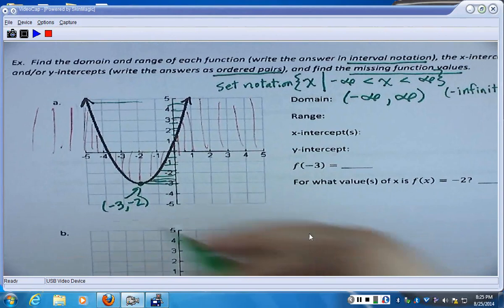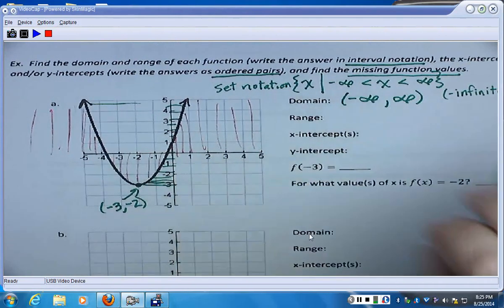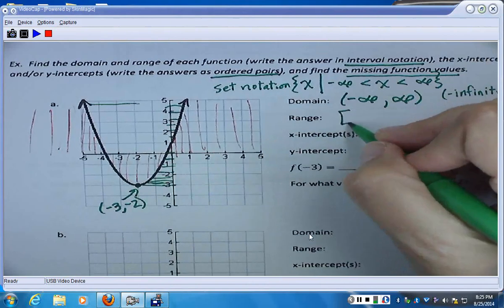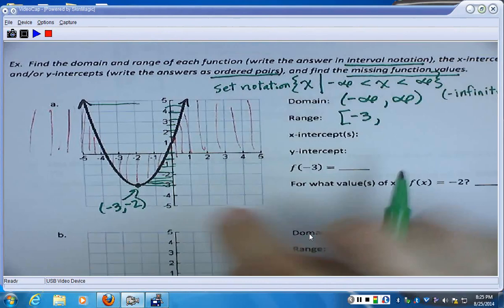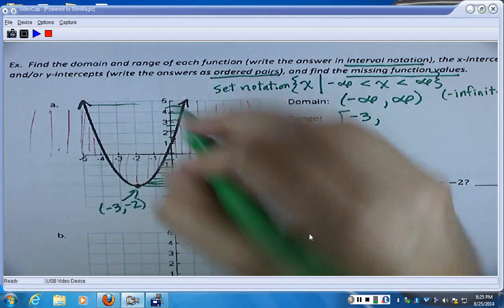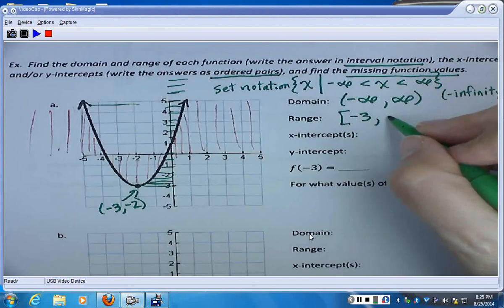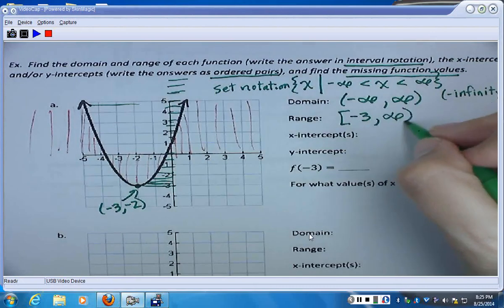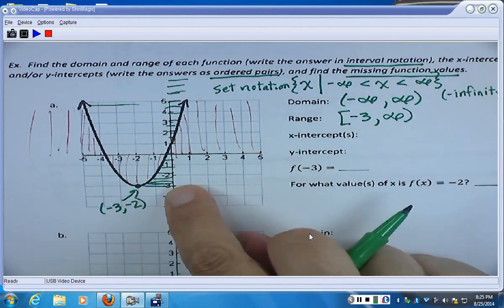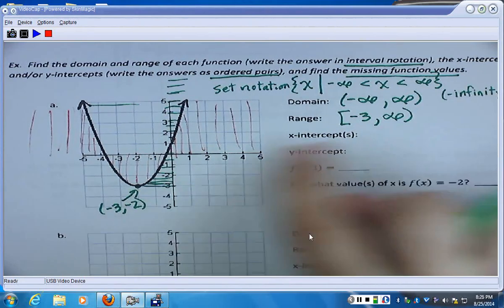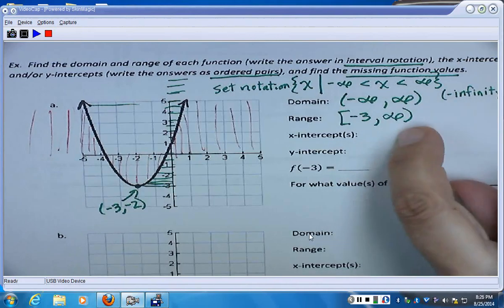So the range is minus 3, and it includes the minus 3, so we use a square bracket. And then it goes up to positive infinity because this keeps going. Infinity is not an actual number, so we never include it, so we use a regular parenthesis.